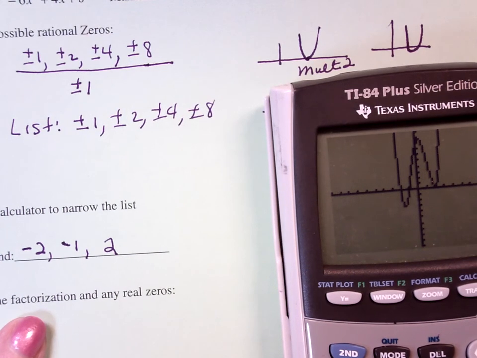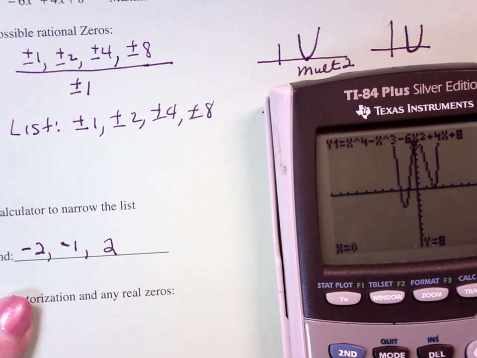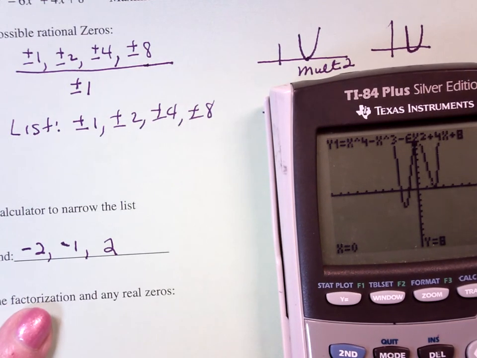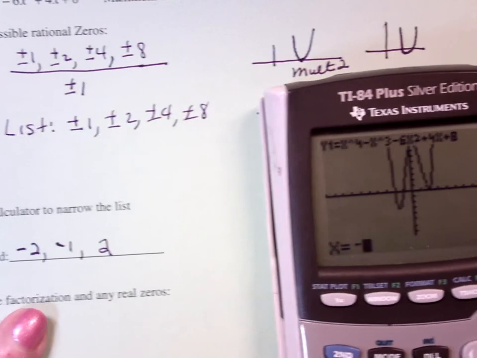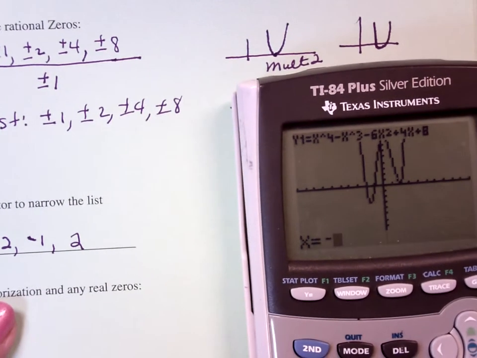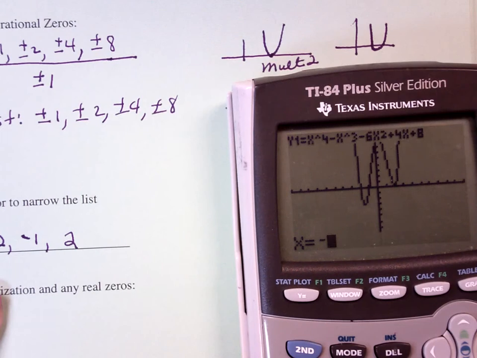So what do we do? Remember, we hit trace, and now I can evaluate. And if I just hit negative, notice it comes up with an x equal. And I'm looking for a y value of what? 0, because then it is a zero. That's why they're called zeros.